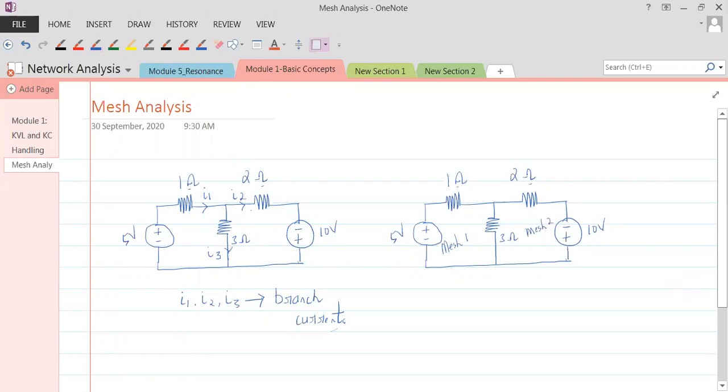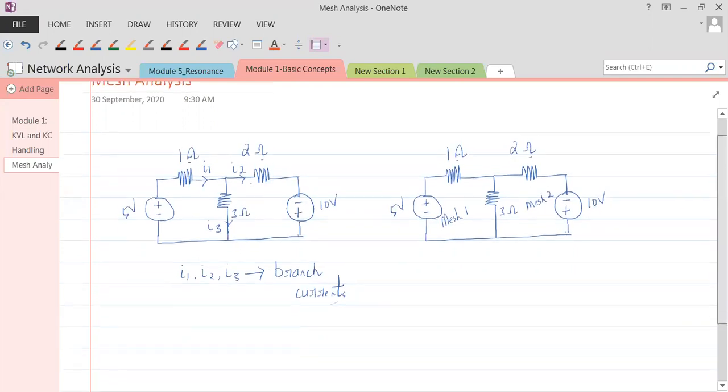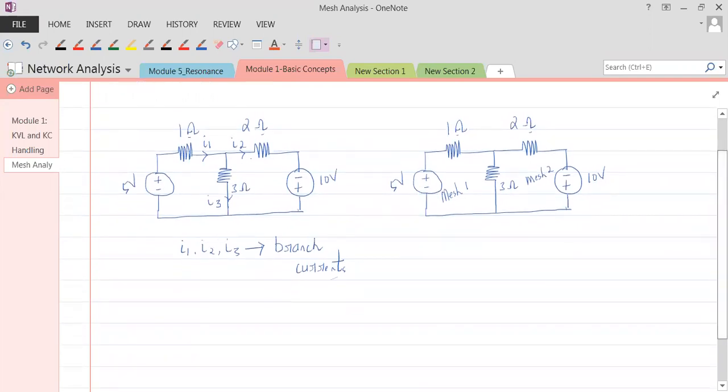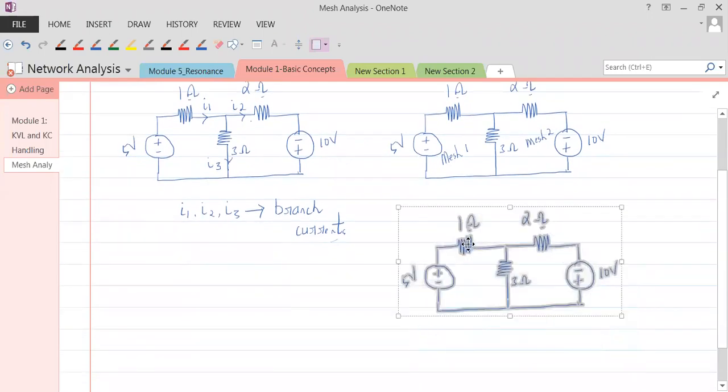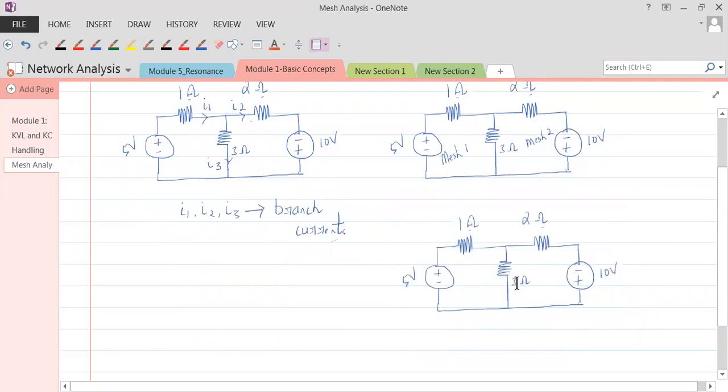Okay. The current that flows in meshes, understand this everybody. We have the same circuit. So this is mesh 1 and this is mesh 2. Everybody understand that, right? Now see here what I'm doing. See the current that I'm trying to plot.